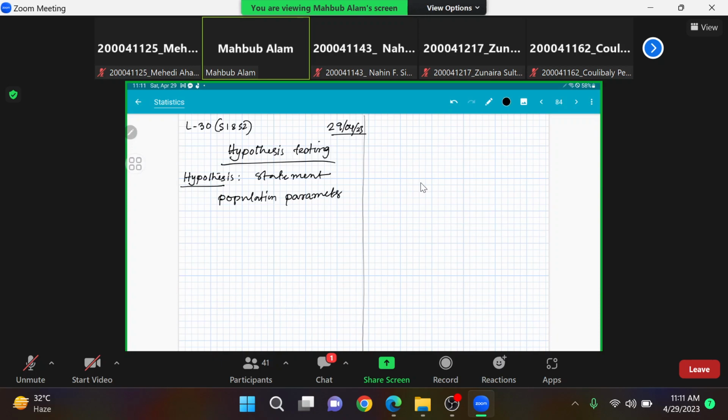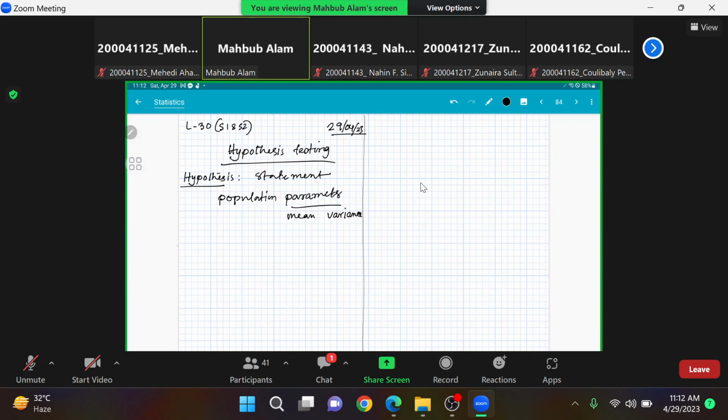Also, it can be related to the population distribution, but in this course, we will not be covering that. So it will be related to a population parameter, and usually here we will have the mean or variance.